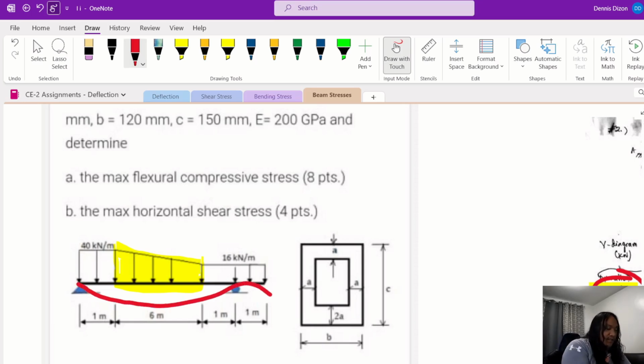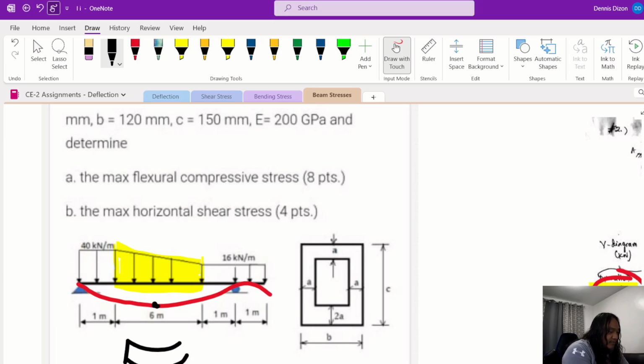So assuming that the deflection is below the horizontal line. And at zero shear, maximum moment is right here.